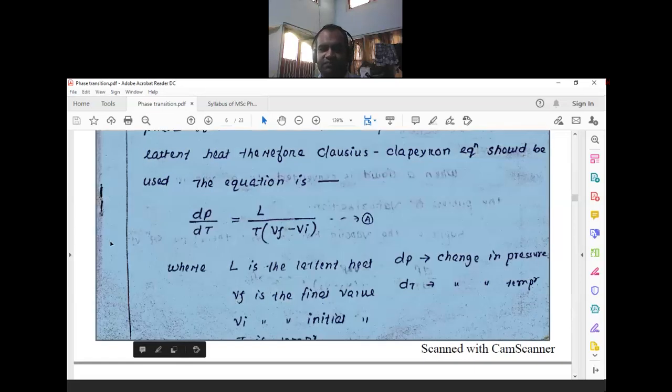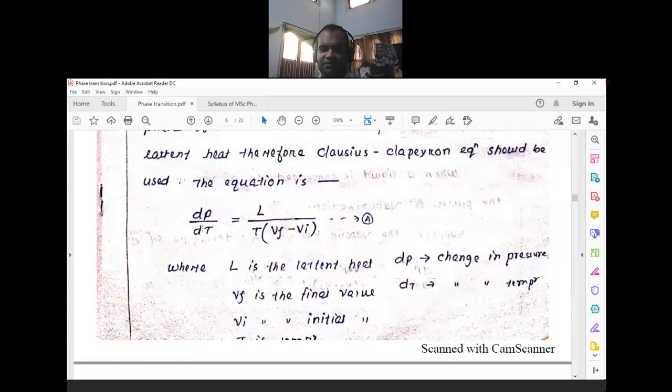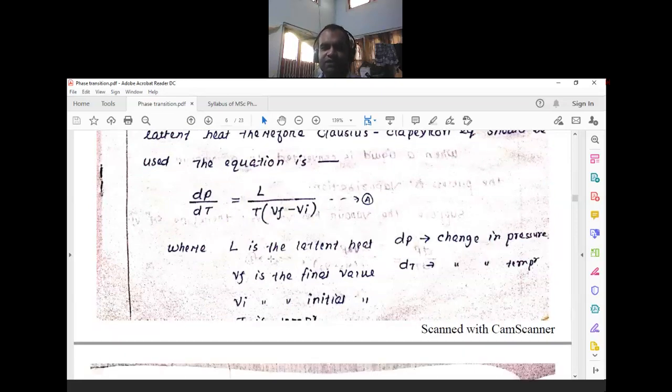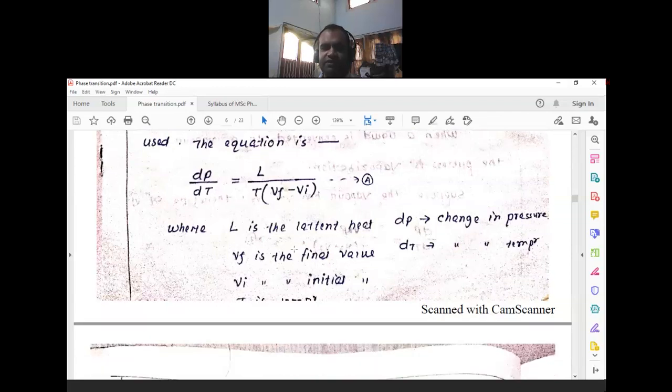That is the equation for Clausius-Clapeyron: dP/dT equals L divided by T times (Vf minus Vi). Capital L is the latent heat, dP is the change in pressure, dT is the change in temperature, Vf is the final volume, and Vi is the initial volume.